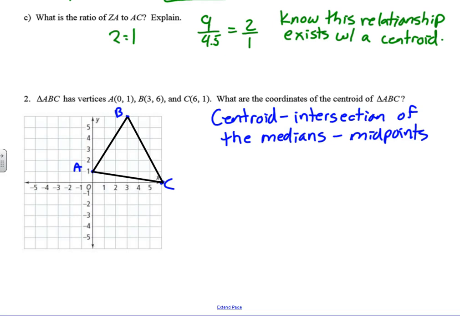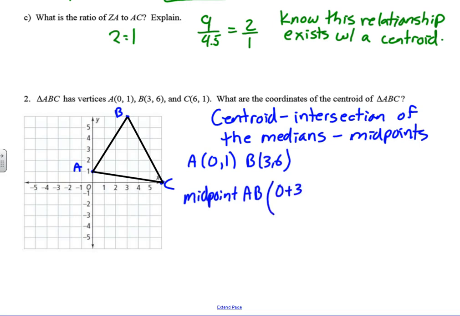So let's pick a couple sides. Maybe let's start with AB. So A is 0, 1, and B is 3, 6. So the midpoint of AB, what's our midpoint formula? X1 plus X2 divided by 2, comma, Y1 plus Y2 divided by 2.